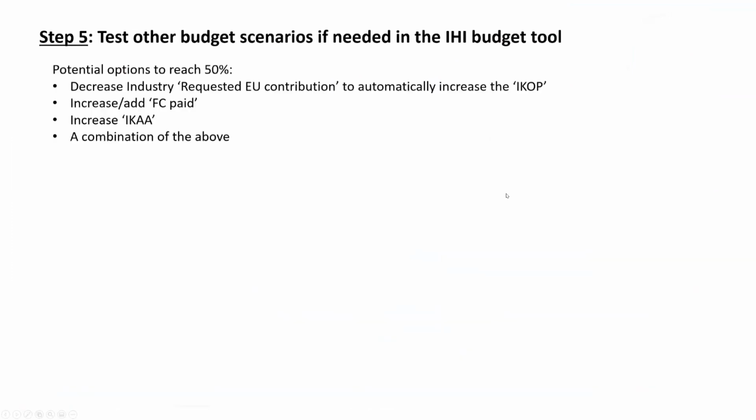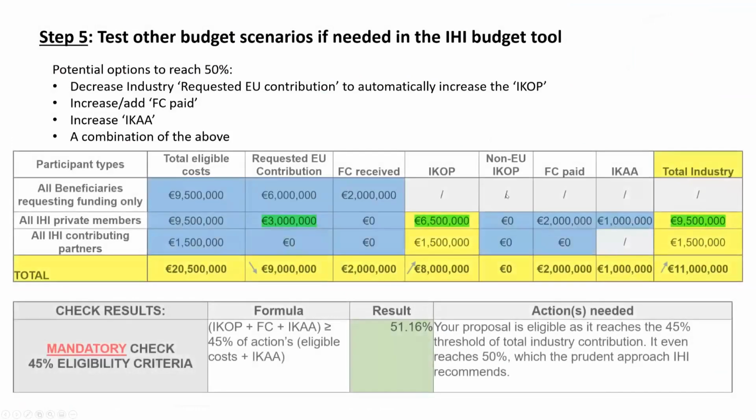Another step could be to test other budget scenarios with the budget tool. Potentially you could decrease the EU contribution requested by the industry so that the IKOP automatically increases. Or you could add a new financial contribution or increase the one you already have. You could increase IKAA, or make a combination of those different elements using the budget tool.